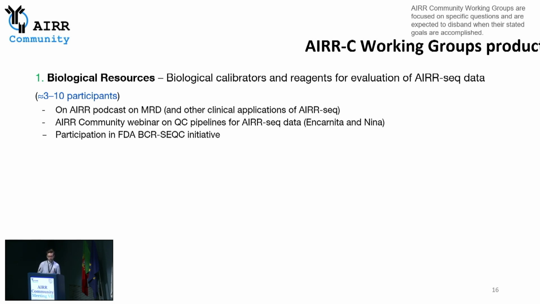And actually a few of those groups that I will be mentioning will be disbanding for the next cycle. One of those groups is, for example, the Biological Resources Group, which has been instrumental in, so there are about 3 to 10 participants, I guess depending on when the meetings are.